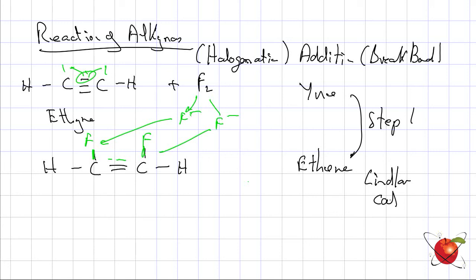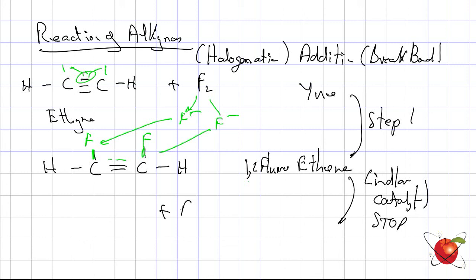The Lindlar catalyst, if you wanted to stop there, okay? But there is a next step down. The next step is now we're going to take it to an ane. So this is an ethene, meth eth, and it's 1,2-difluoroethene, isn't it?